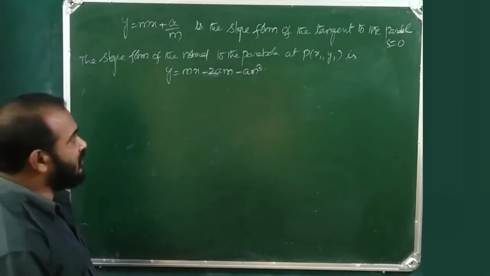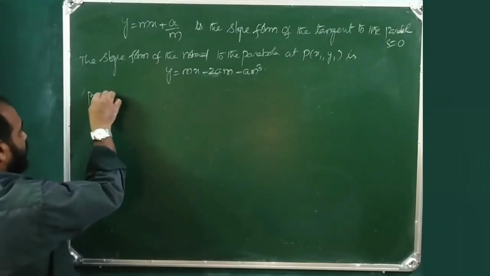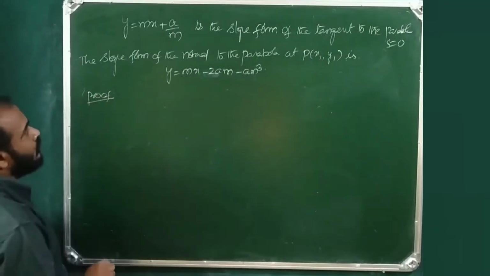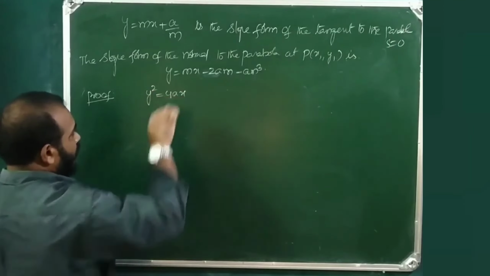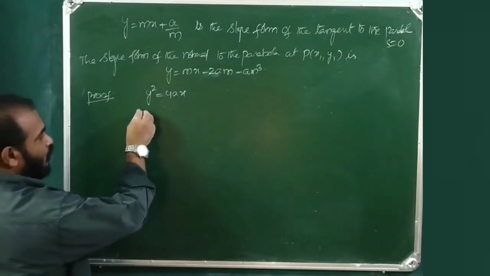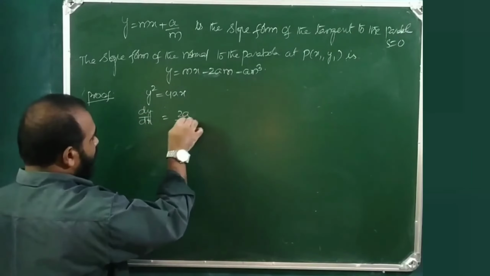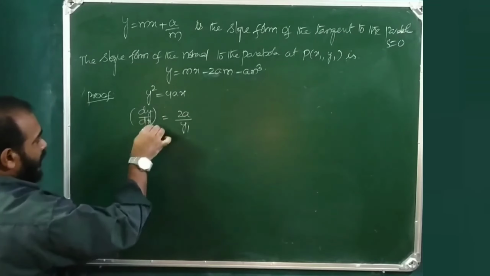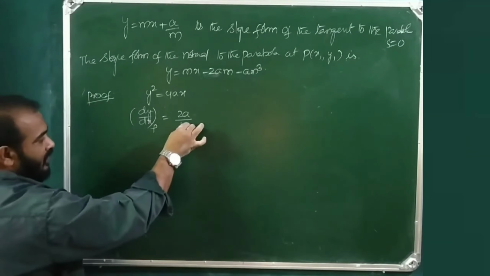So let us deduce this. Proof. For the parabola y square equals 4ax, slope is equal to how much? dy by dx equals 2a by y; at P(x1, y1) it is 2a by y1.